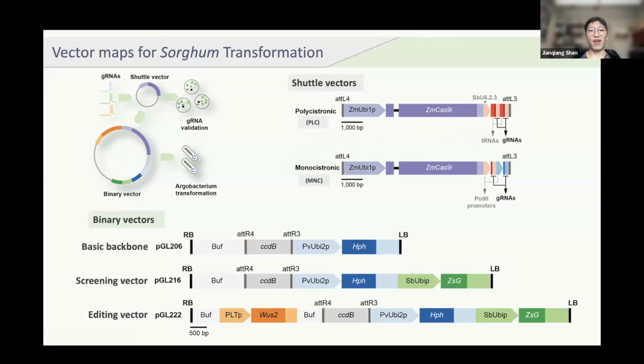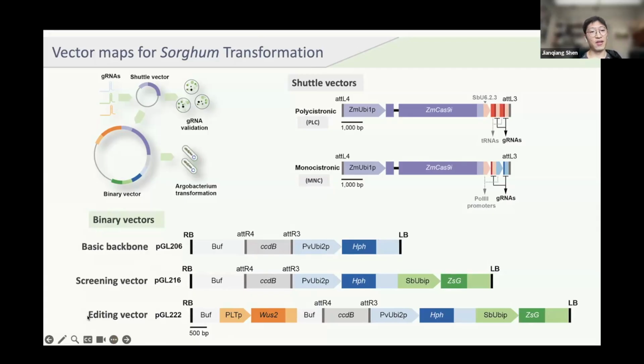So here are all the binary vectors we developed. The first one is the basic backbone, with just the LR recombination site as well as the hygromycin selective marker. We also use this screening vector, which is used for screening the morphogenic genes in sorghum and maize.